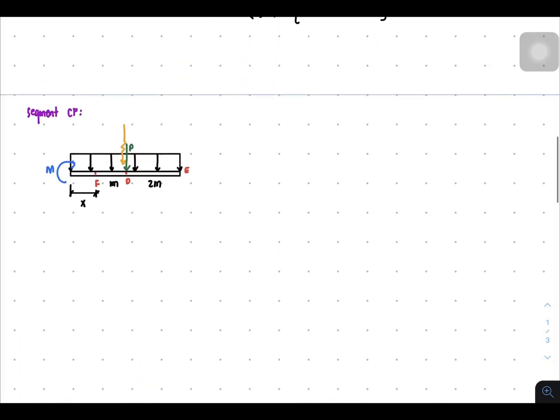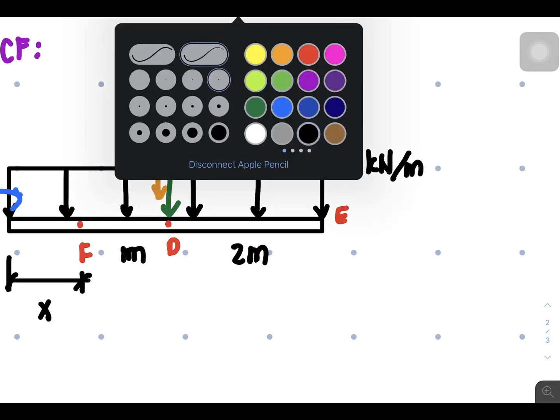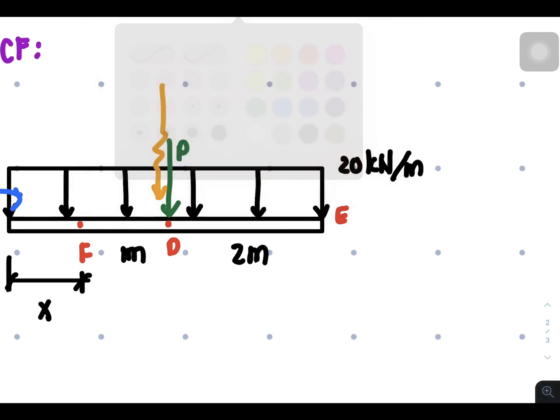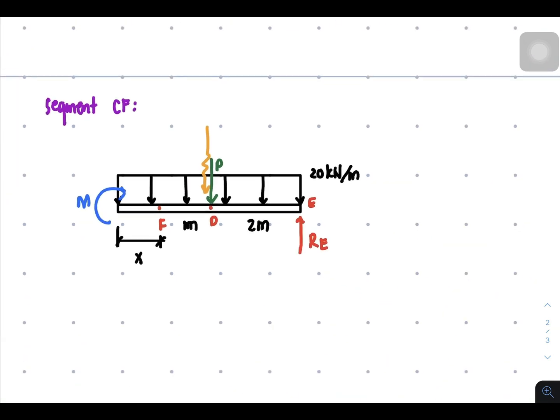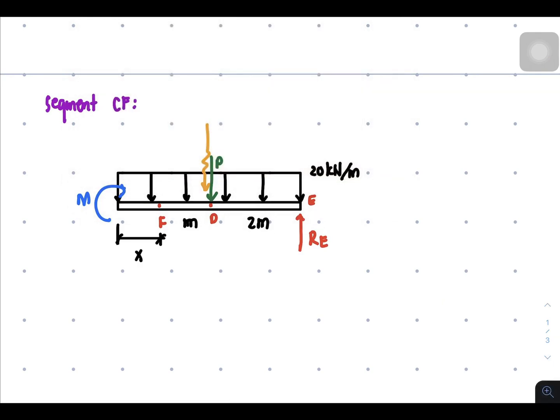The distribution is 20. So this is 20 kilonewtons per meter. And also we have a reaction here, RE. So the distribution is 20 times x plus 3, right?